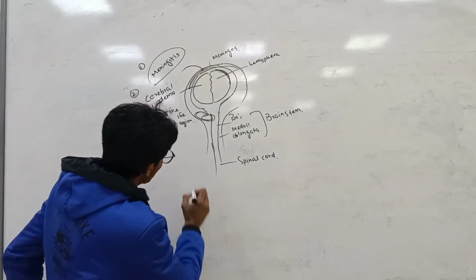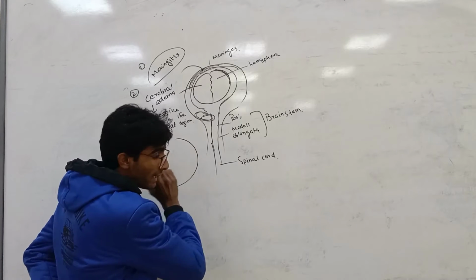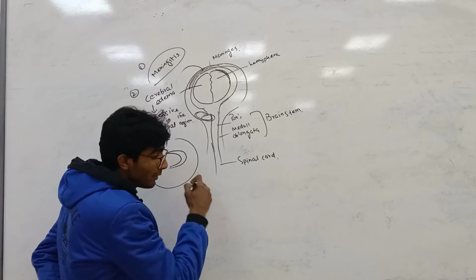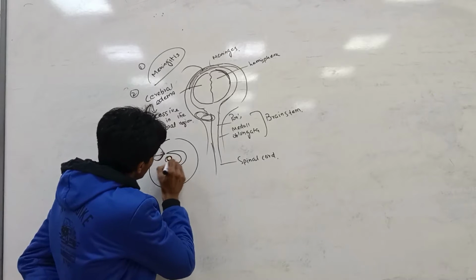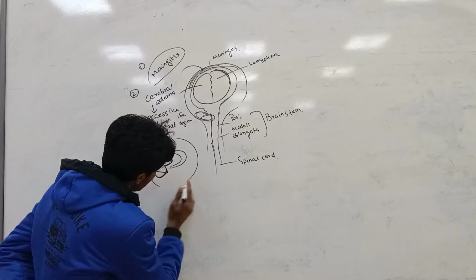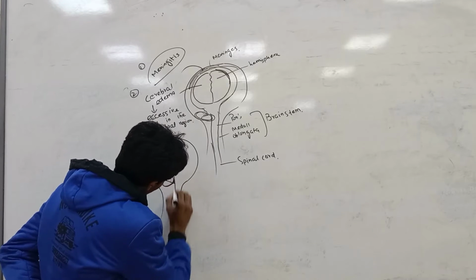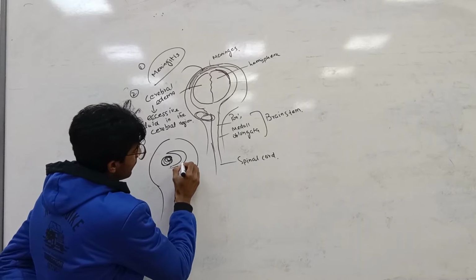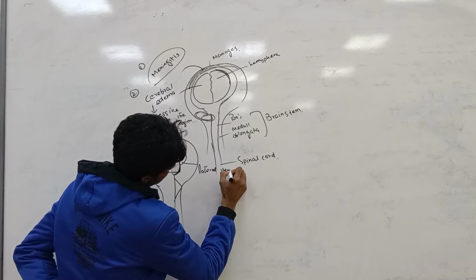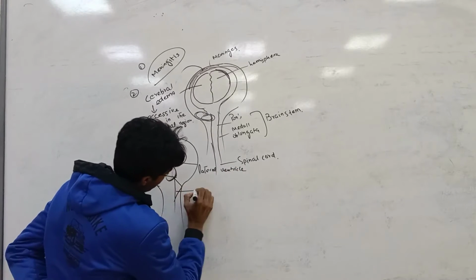Remember, in our brain there are four ventricles: two lateral ventricles, the third ventricle, and the fourth ventricle.